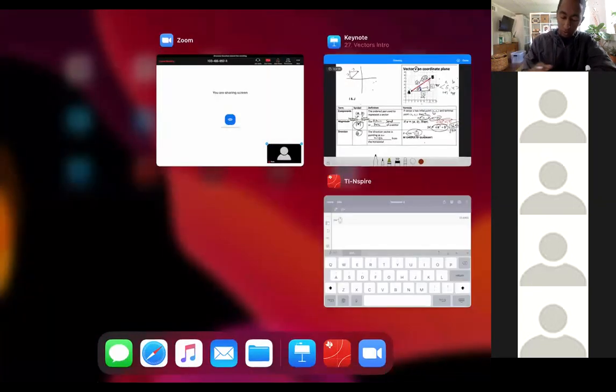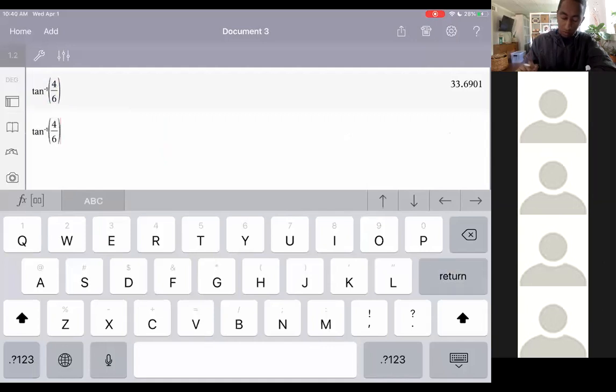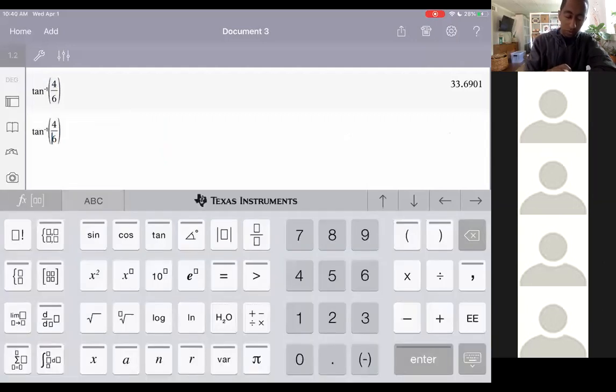in this case, it would be tangent inverse of, what was the number? Someone help me out. No, it was negative.